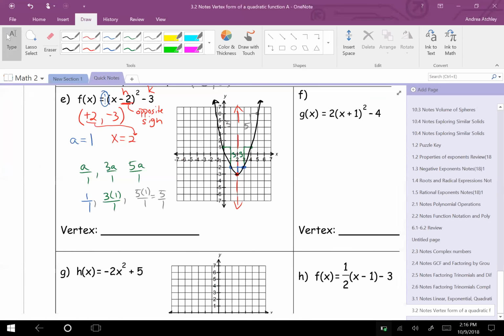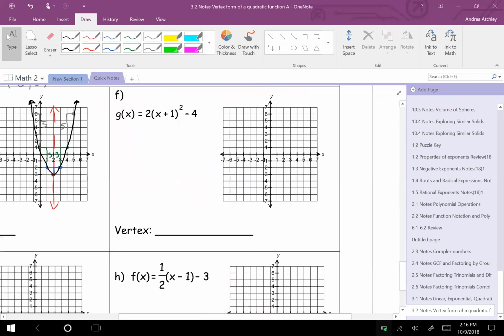Okay, again, on F, everybody find the vertex for me. Very good. Okay, so again, you want to change that sign. So it becomes -1 and -4. The y value doesn't change the sign, just the x.